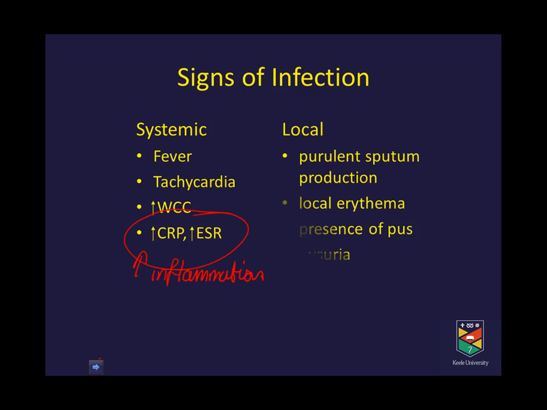So more local signs, you may get purulent sputum production with a respiratory infection. You may get local erythema in the presence of pus with skin infections. You may get dysuria, painful urination, when you have a urinary tract infection.